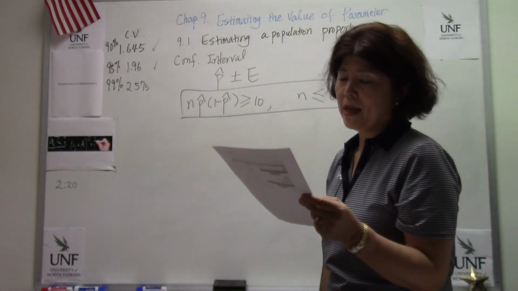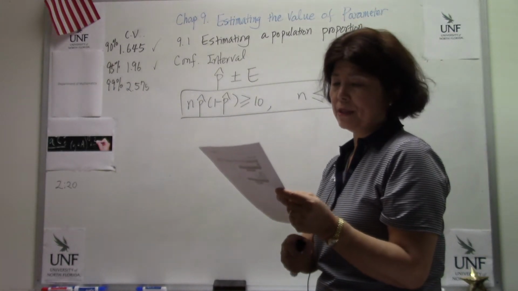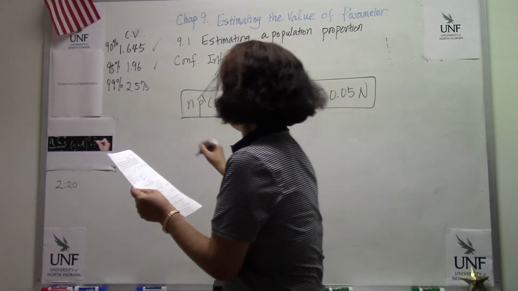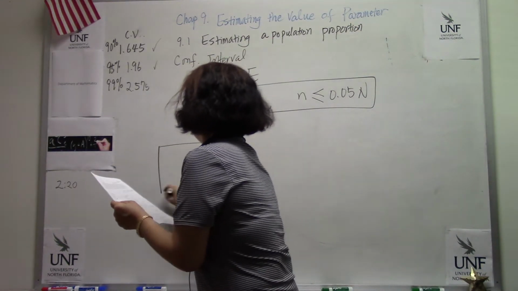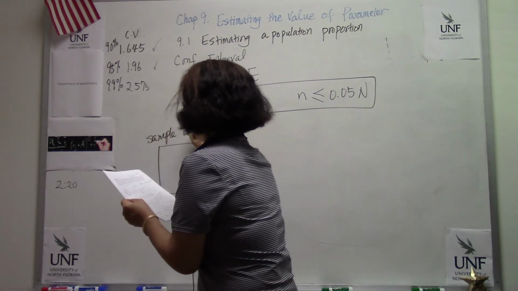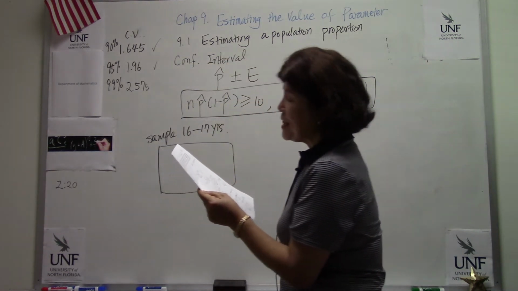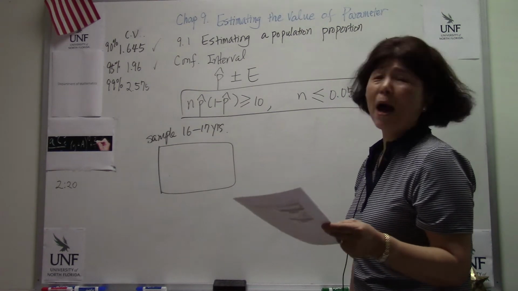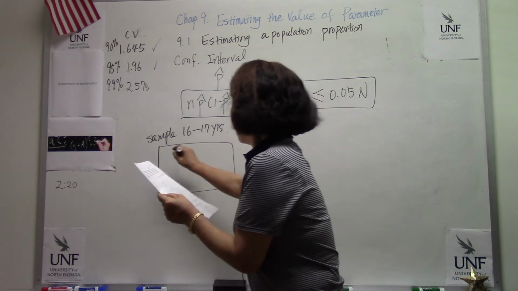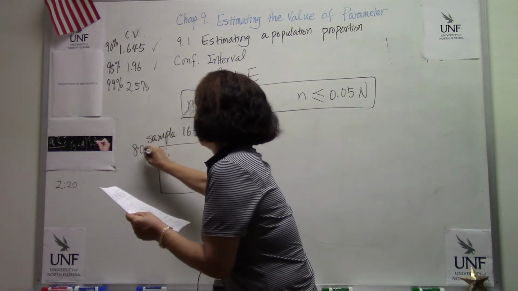In the Parent Teen Cell Phone Survey conducted by Princeton Survey Research Associates International, 800 randomly sampled, so here a random sample, of 16 to 17 year olds living in the United States. Also, the population should be huge. So how many are in here? A random sample of 800.